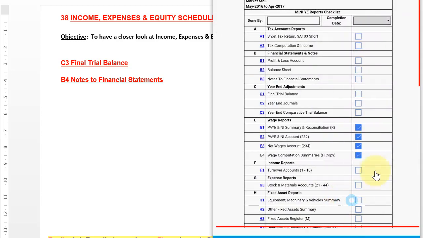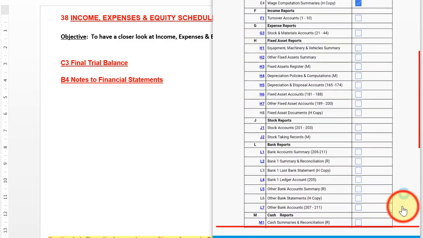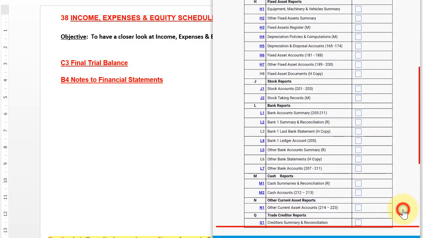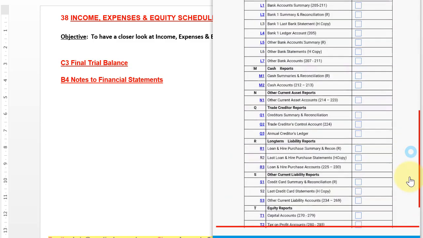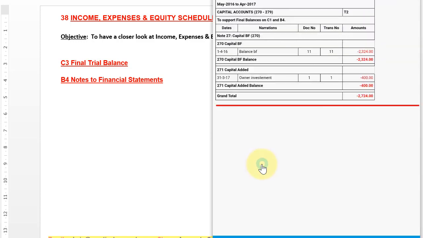Let's go back to our mini checklist, and then we are proceeding to equity schedules. Equity section, this is the T section. We're going to look briefly at the capital accounts, the tax on profit, and the drawings accounts. Now these are also supposed to be complete accounts.